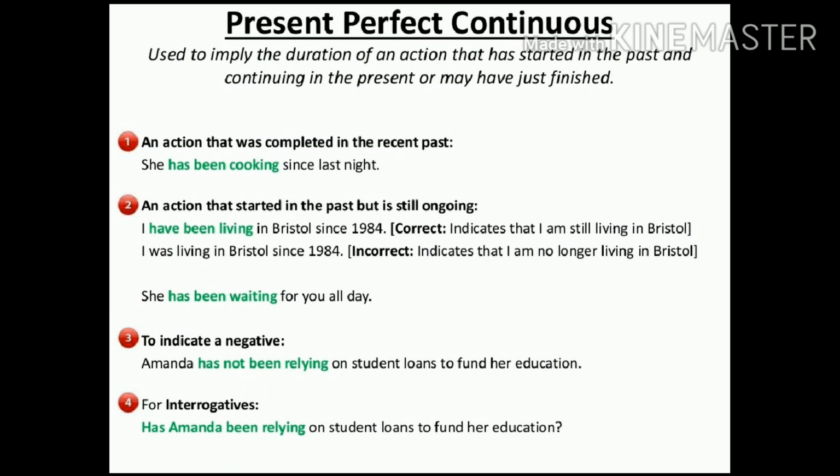Let's understand what it is trying to say. It is used to imply the duration of an action, means present perfect continuous tense will be used to show the duration. Duration is how much time taken. So duration of an action that has started in the past and continuing in the present.